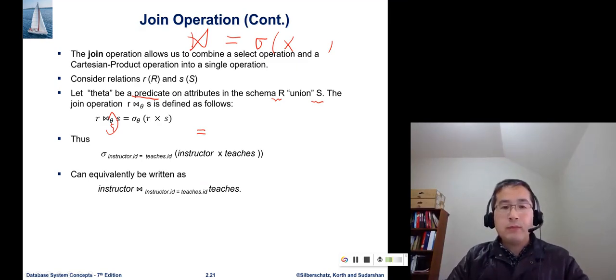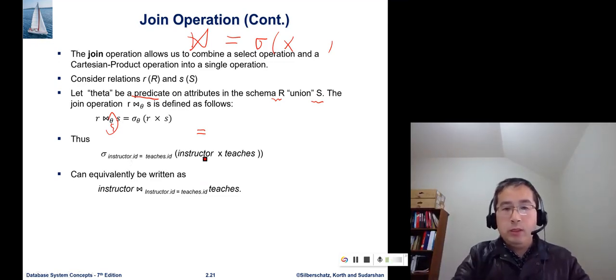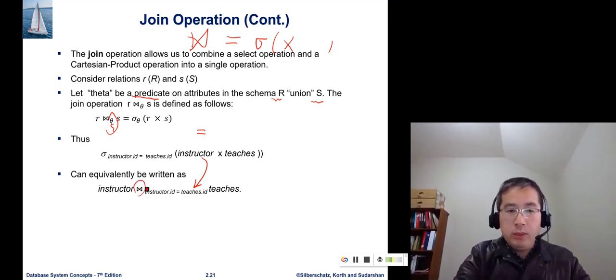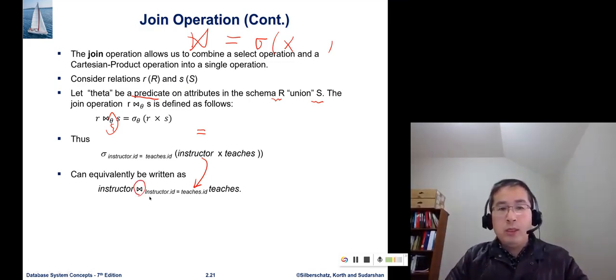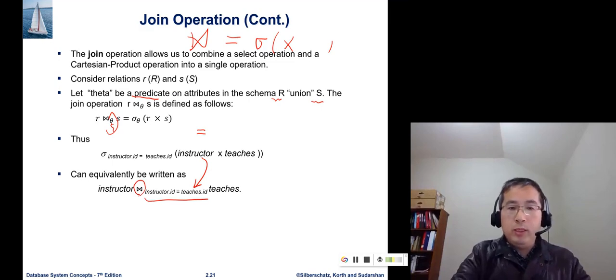You can also write it this way, because in fact this is a special case of this one. You can write this one as this one, use the join and then put the condition there. You can use some other, but here it's just equivalent to this one.